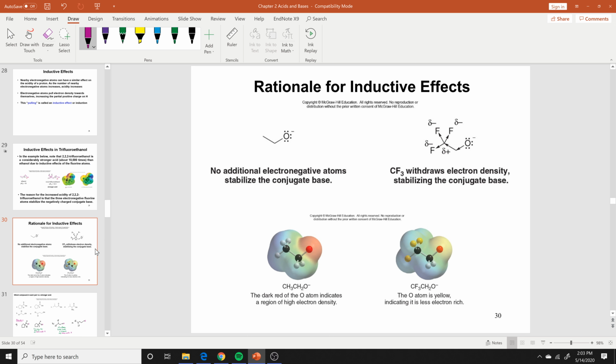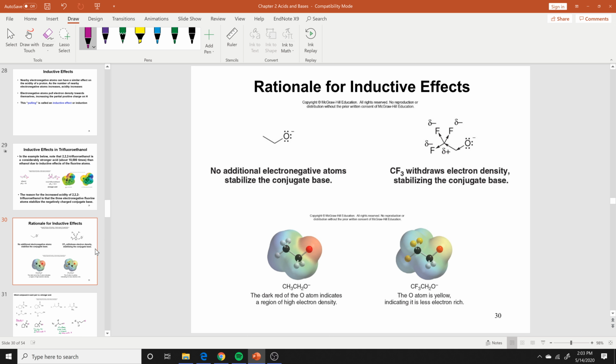The stability has to do with the distribution of the charge and the electron density. And remember, we always want the charge and the electrons to occupy a larger surface area for the conjugate base to be more stable. And this here forms a more stable conjugate base than the ethoxide in this case.